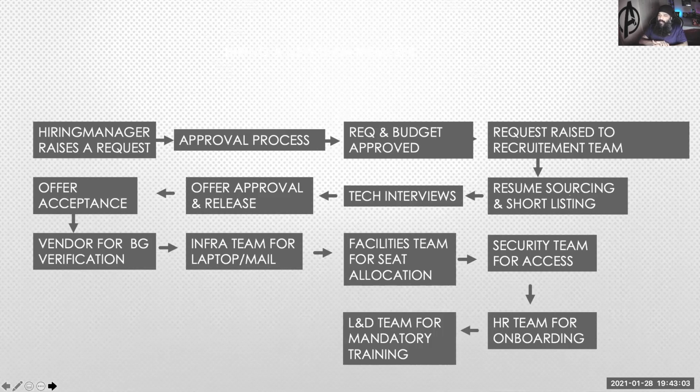Because possibly there are mandatory trainings, even about the value systems that the organization has, the ethics and all that stuff, which is taken care of by the learning and development team. Once all of these things have happened, what happens? The new hire gets deployed into the teams, right?